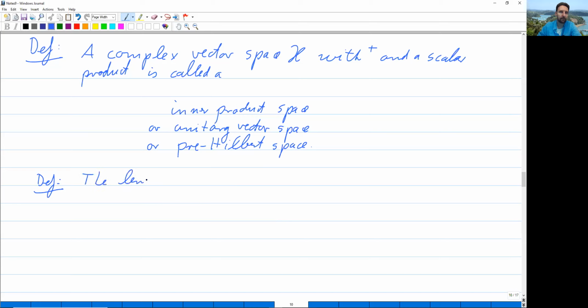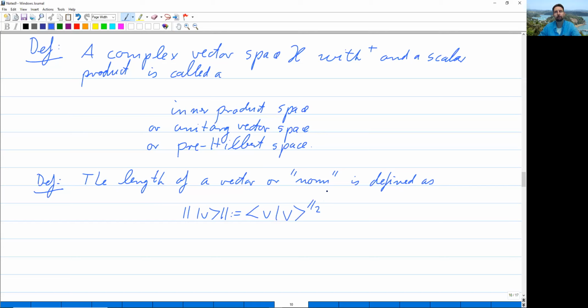The length or norm of the vector is defined as: length of V is equal to the inner product of V with itself, to the power of 1/2.